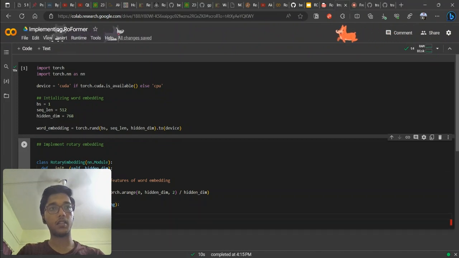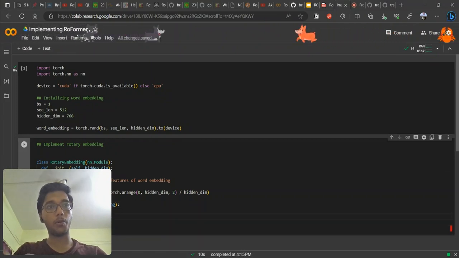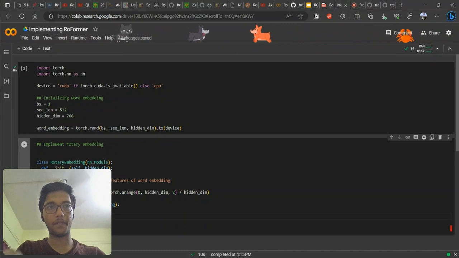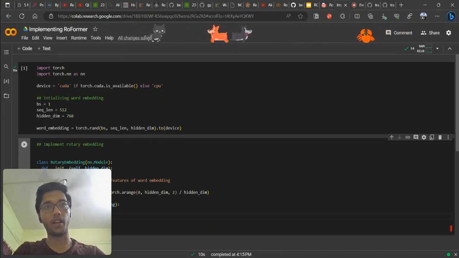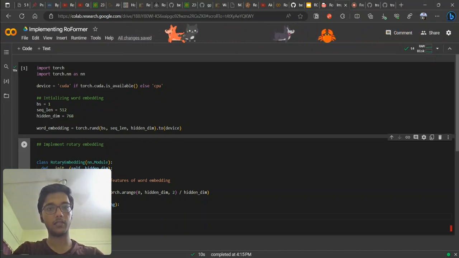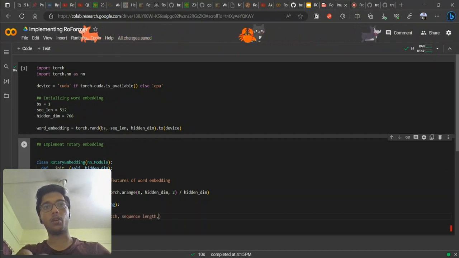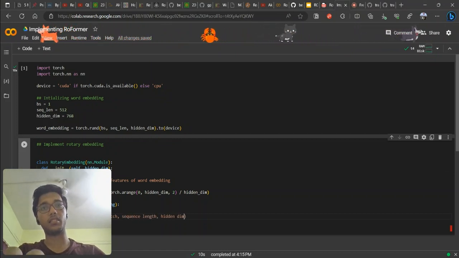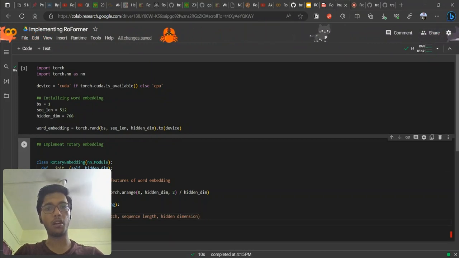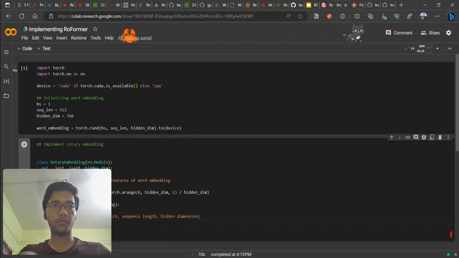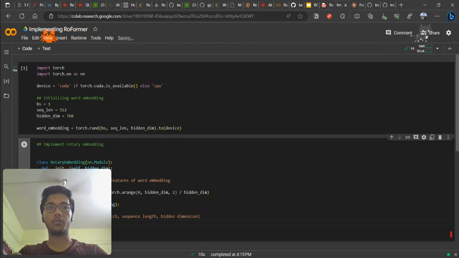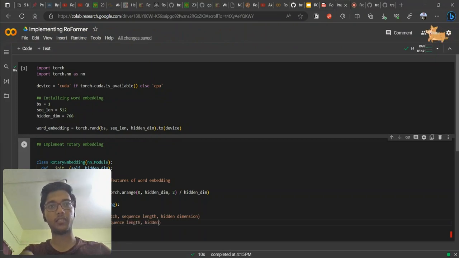And the input would be a word embedding of size batch, sequence length, hidden dimension, right? And what would be the output? Output would be the same, a tensor of the same shape: batch, sequence length, hidden dimension.